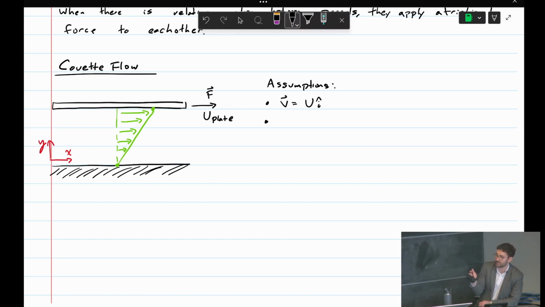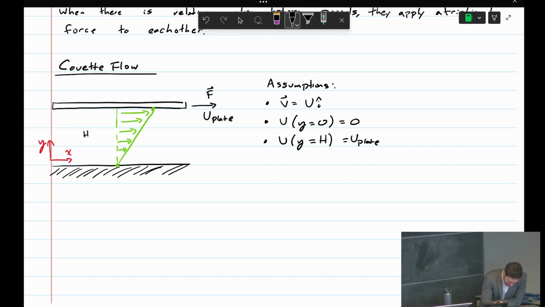So the velocity is only, those lines are straight horizontal. There's no other velocity components. We take our no slip conditions, so u of y equals 0 is 0, and u of y equals h is u plate. Here h is the vertical distance between these plates.